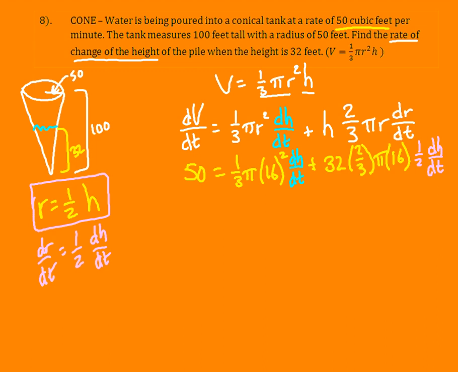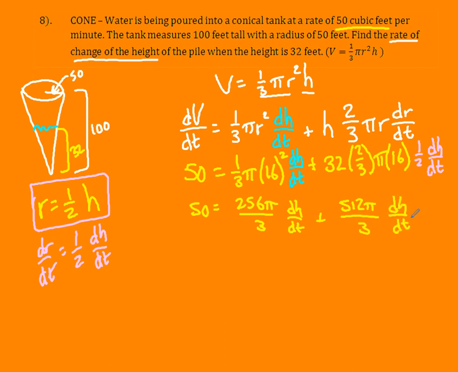We need to now do some simplifying here, so let's see what we got. We'll solve 50 over here on the left. 16 squared will give you 256 times pi divided by 3. We still have this dh/dt going on. And then this guy, well, the 2's will cancel each other out, and we'll have 512 pi divided by 3, also with dh/dt.